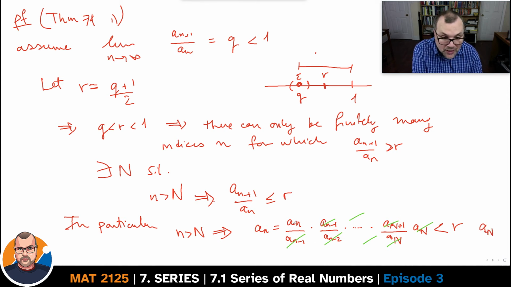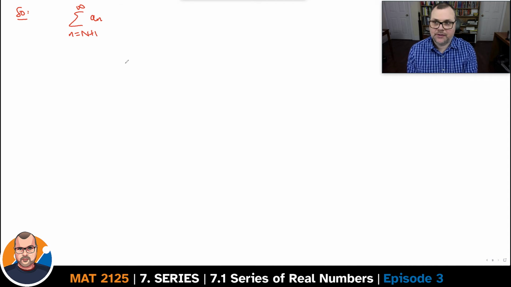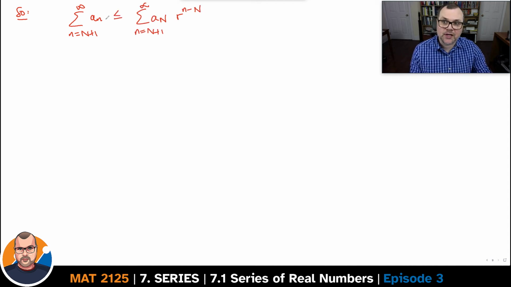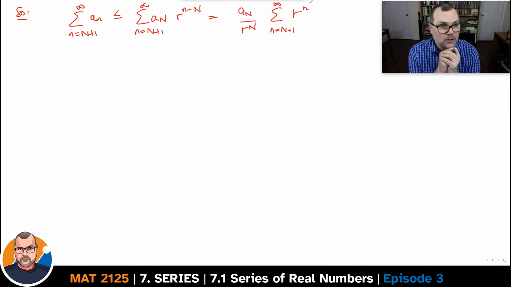Well, there's going to be n minus capital N. Let me just look at the tail of the series of interest. This is going to be less than this because each of the terms a_n is smaller than a_N times r^(n-N). I can rewrite this slightly differently as the following series.